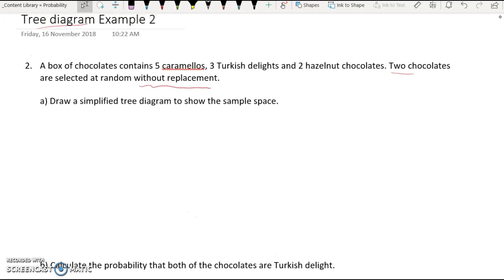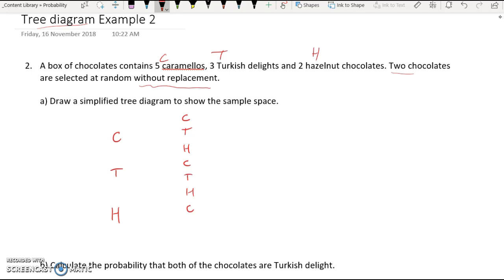Okay, because we're choosing 2 chocolates, and they could be either caramello, C, Turkish delight, T, or H for hazelnut. That's what we have for our first selection. So our first selection is either caramello, Turkish delight, or hazelnut. And then on the second one, same thing again, we can have caramello, Turkish delight, hazelnut.